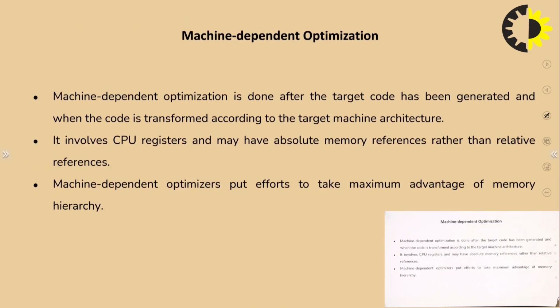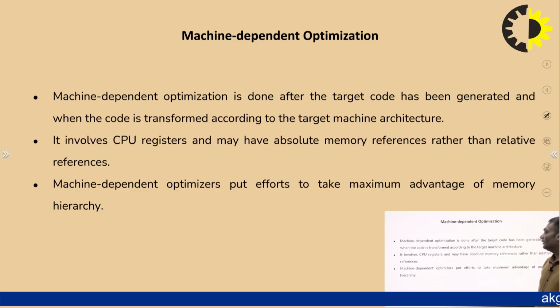Now, machine dependent optimization. This is another technique of code optimization that is done after the target code has been generated, when the code is transformed according to the target machine architecture.